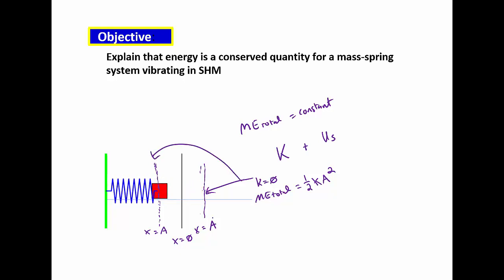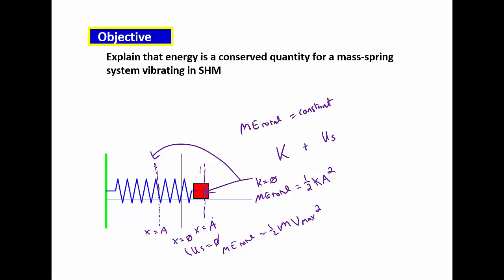And then in the center, when the spring isn't stretched at all, the spring has 0 potential energy, there's no stretch or compression, so we see that the total mechanical energy would be all kinetic energy, 1/2 mv squared. And I'm going to put a little max there, v max, because that's the maximum speed it could have right there at the center.